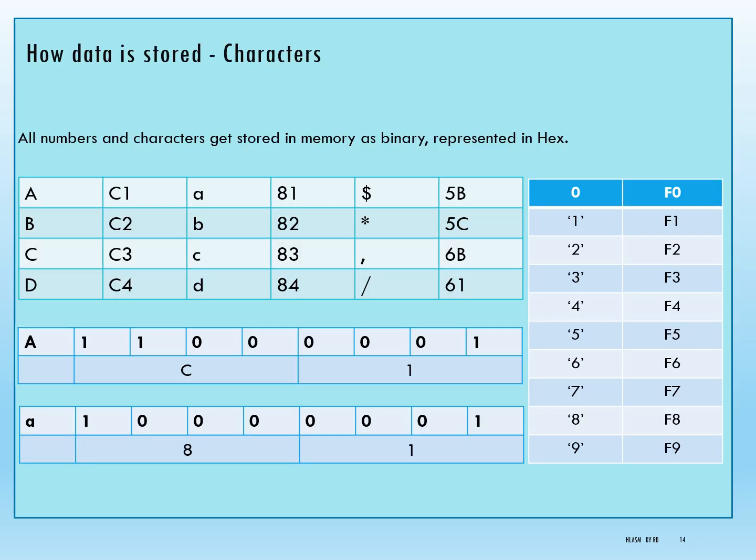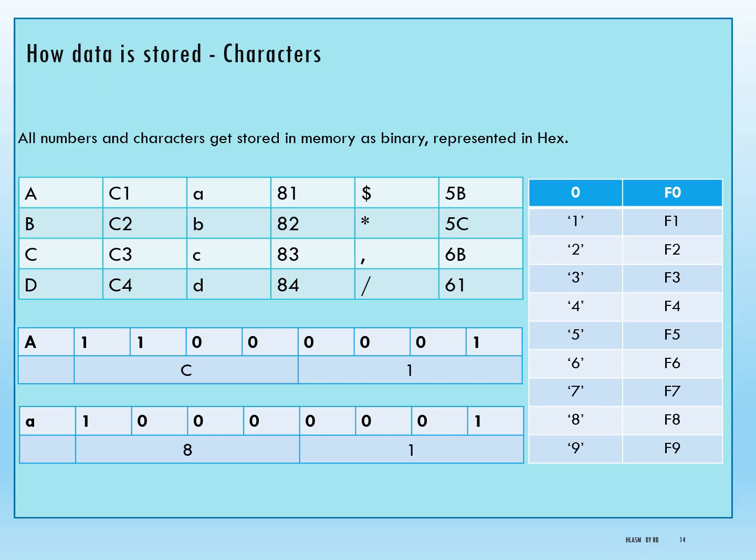We have seen in the previous slide how numbers are getting stored. 1 is 0001 and 8 is 1000. But when you type characters, how do they get stored? For example, you defined a variable called CL4, which is a character, and you put in quotes ABCD.